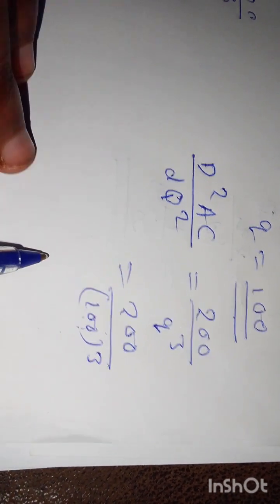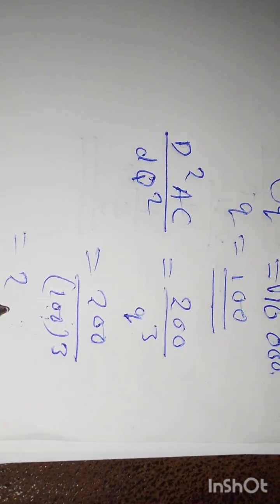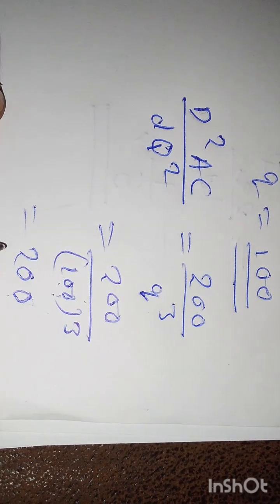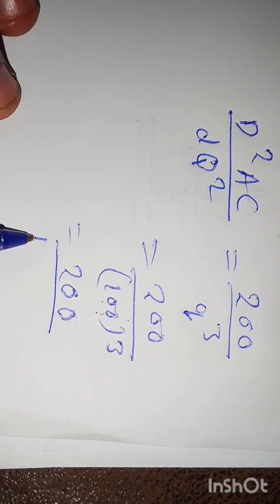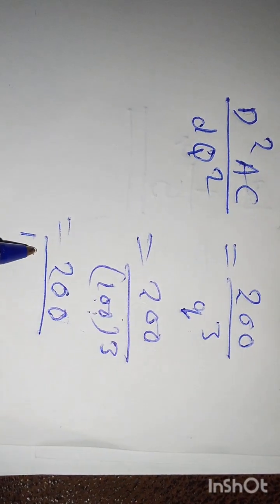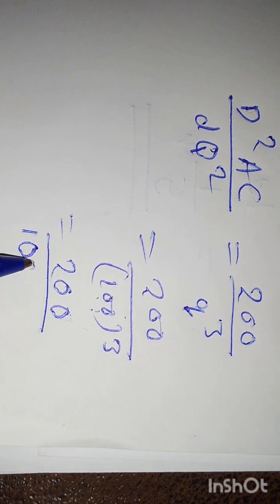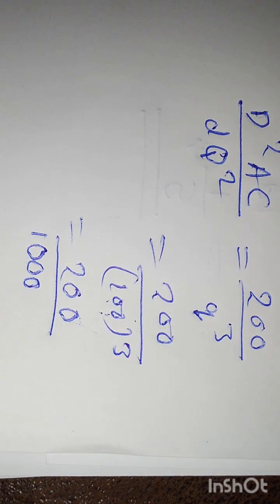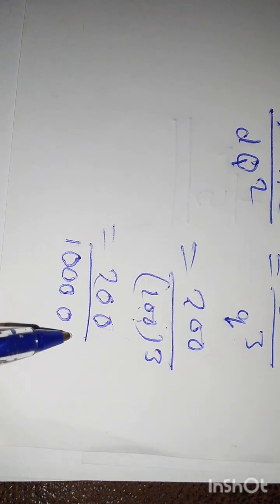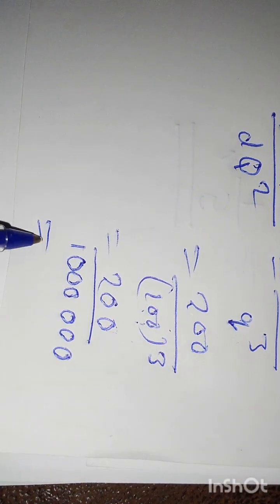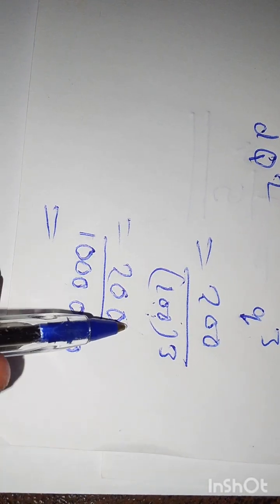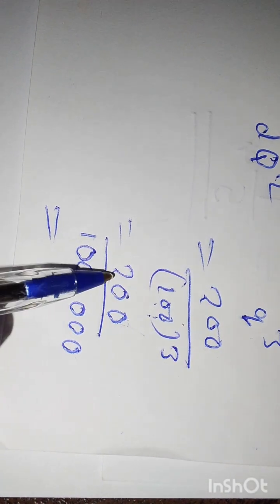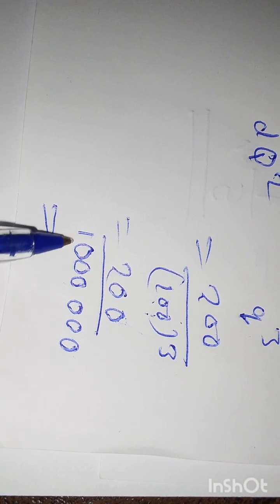So it will be 200 over 1,000,000. If you divide these, the two zeros cancel, so you're going to have 2 over 10,000.